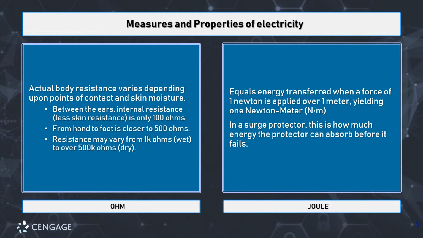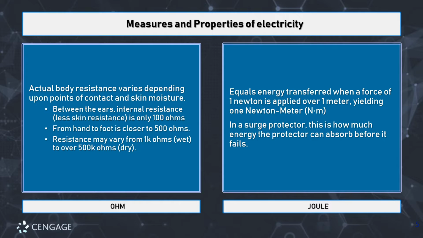The ohm, the measure of resistance, our protection against electricity in this way, is measured based on where the contact occurs and where the level of moisture at our skin may be in a given time. So imagine that you are fresh out of the shower.